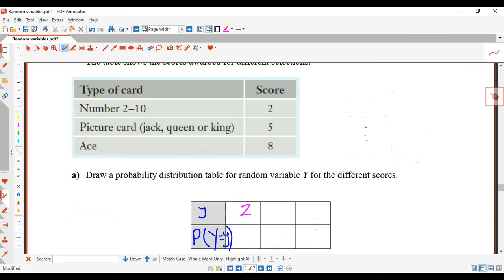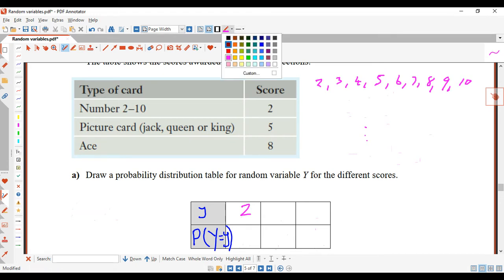Well, just remember that there are 4 of each type of card. So if I'm looking at the numbers from 2 to 10, so 2, 3, 4, 5, 6, 7, 8, 9, 10.